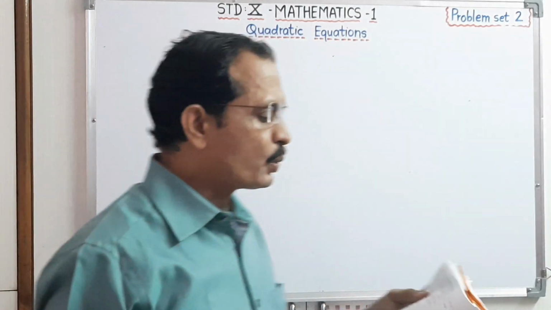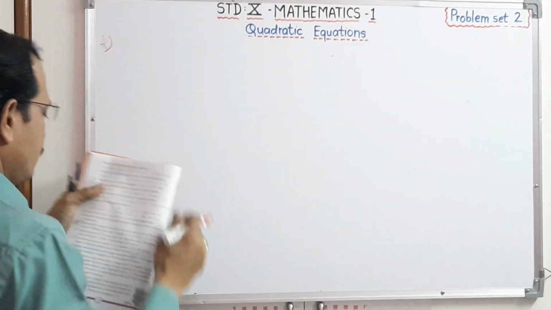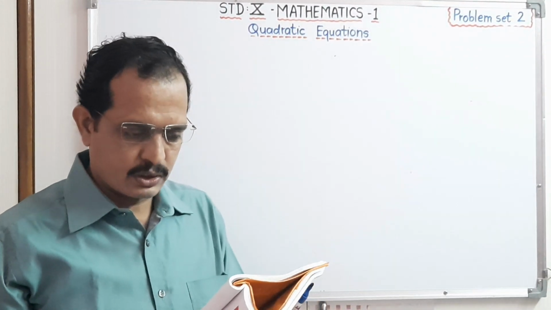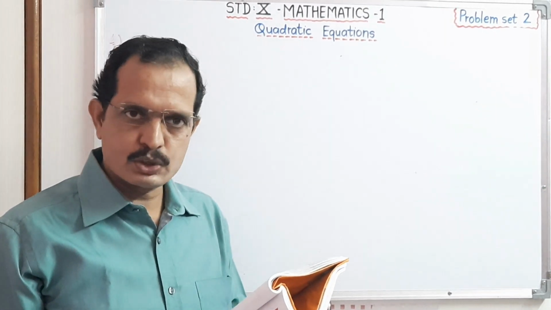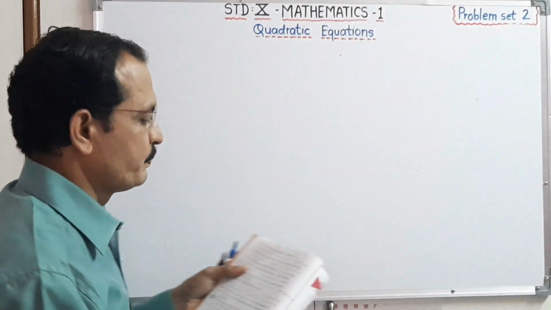One of the roots of a quadratic equation. Question number 4: one of the roots of the quadratic equation 2x square plus kx minus 2 equal to 0 is minus 2. Find k.